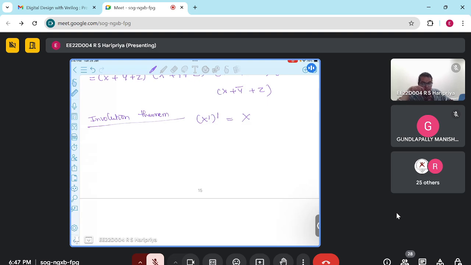Now, if we want to convert SOP to POS, what is the expression? We can say XYZ as X complement Y complement Z complement plus.